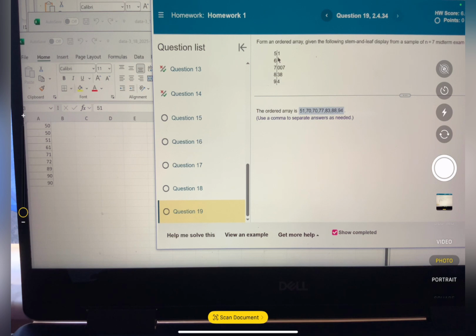But there is no 0 here. That means this 6 is missing, so we skip it. 7: 0, 7, 0, 7, 7. 8: 3, 8, 8. And 9: 4. And here you have the answer. All right? Okie dokie, we have it, and see you in the next homework.